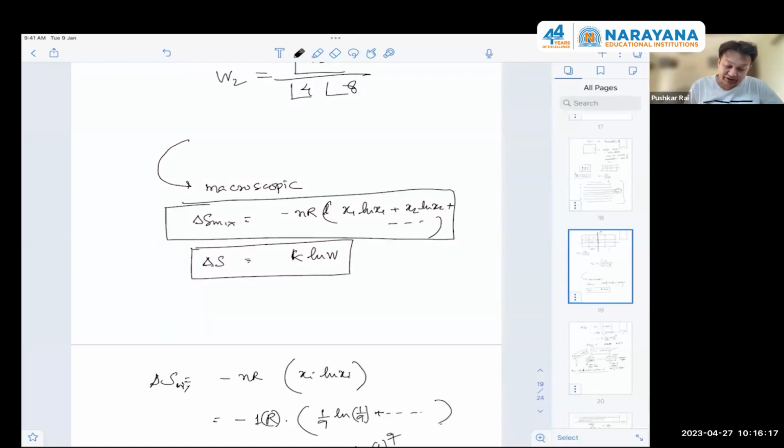And in fact, we can use this tool to tell you how accurate this probabilistic definition of entropy is. That is the proof of this.